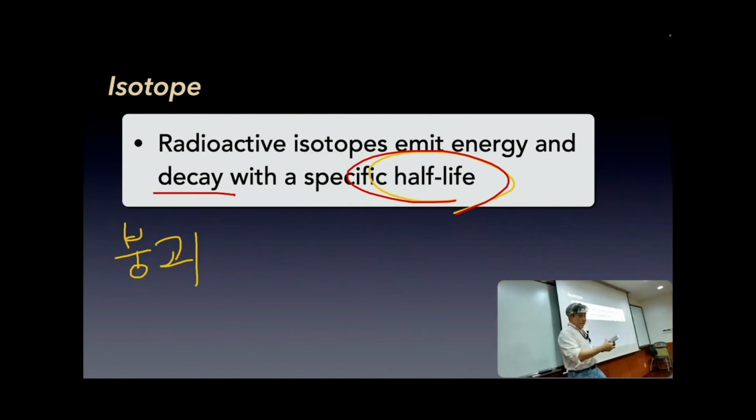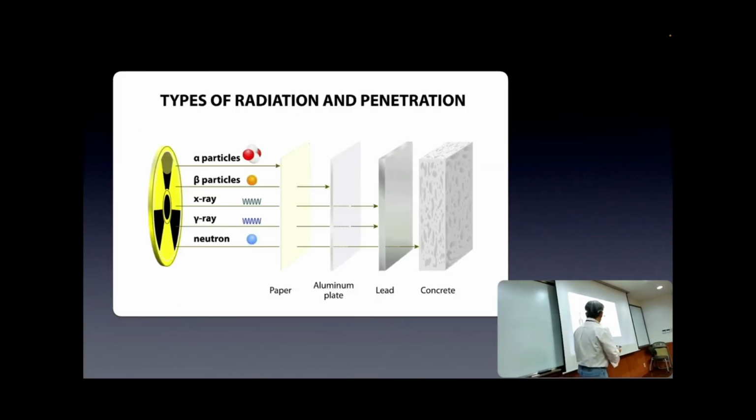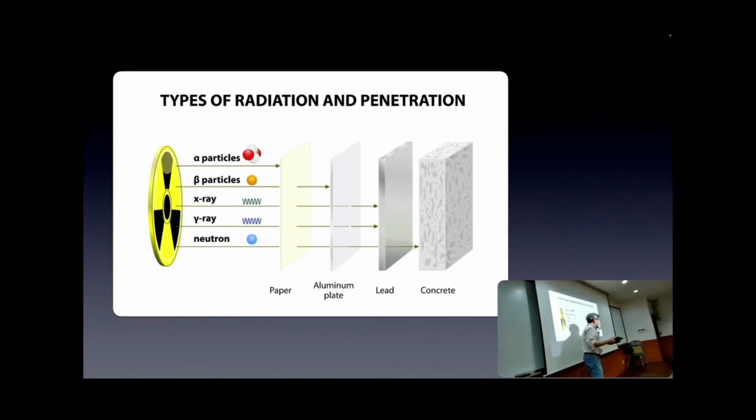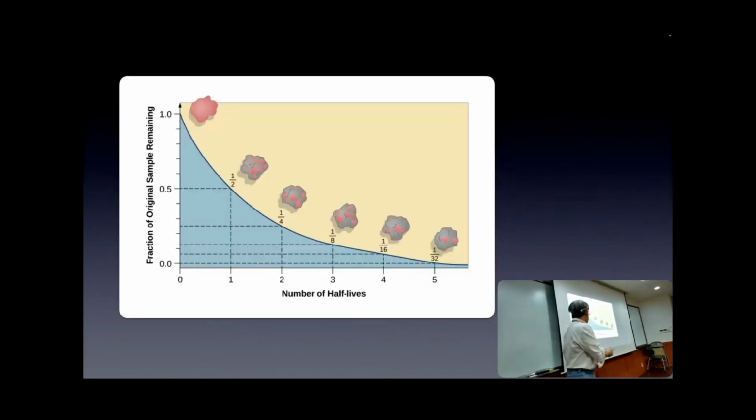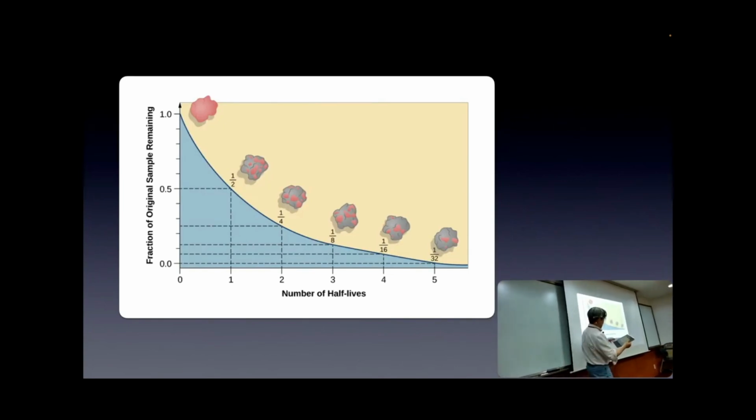By definition, it's a half-life. So this we don't really need to worry about. Some radioisotopes are much more dangerous, so we need some kind of concrete protection, but some others need only a thinner protection, that's it. So this is one of the original half-life definitions.